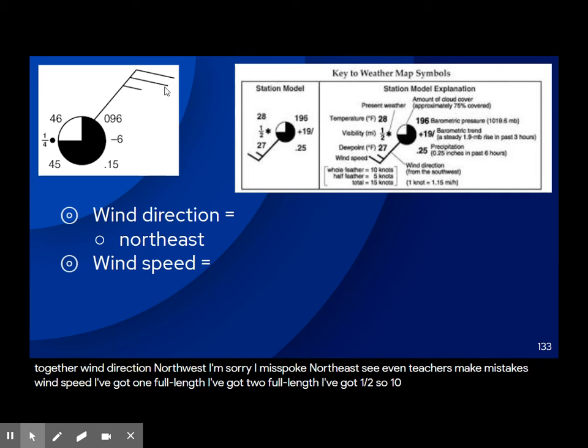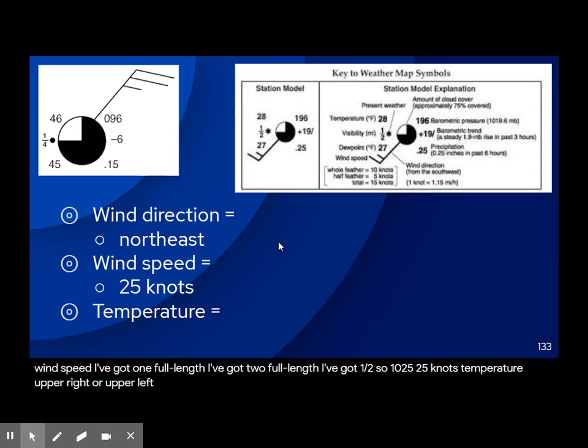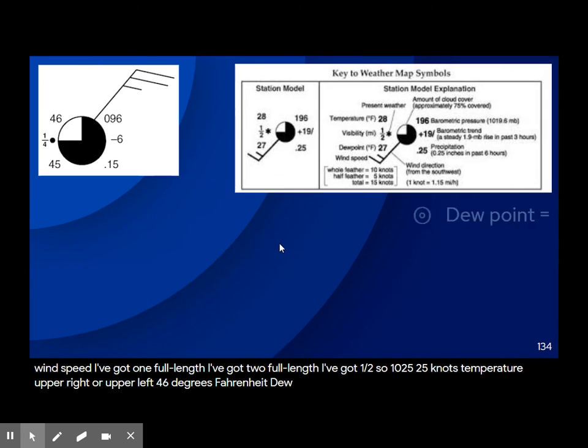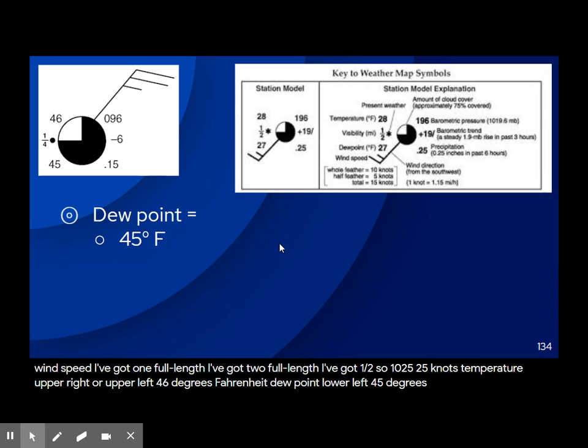So 10, 25, 25 knots. Temperature, upper right or upper left, 46 degrees Fahrenheit. Dew point, lower left, 45 degrees Fahrenheit.